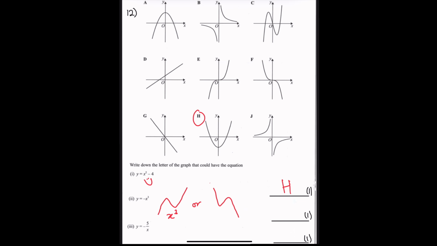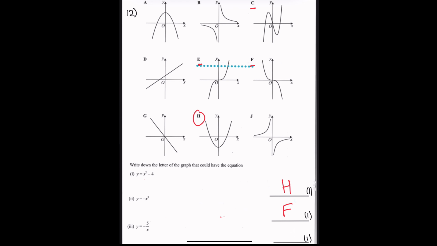For negative x cubed, it's going to look like this. And there are a few graphs that fit that description. So this one falls into the category of x cubed. This one also falls into the category of x cubed. The only one that matches minus x cubed is F. Okay, good stuff.